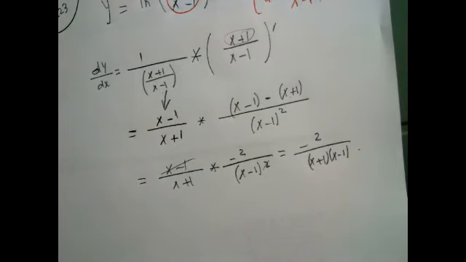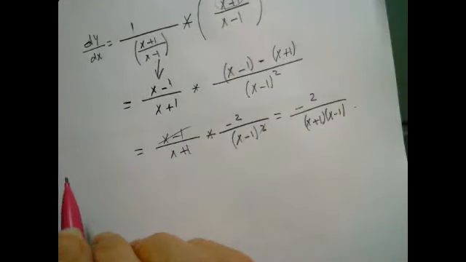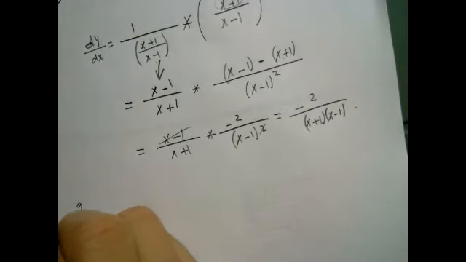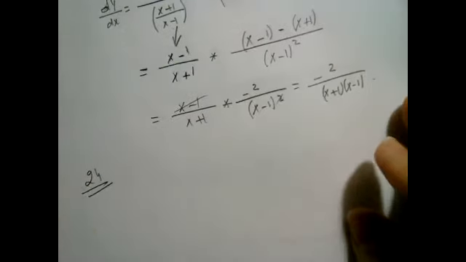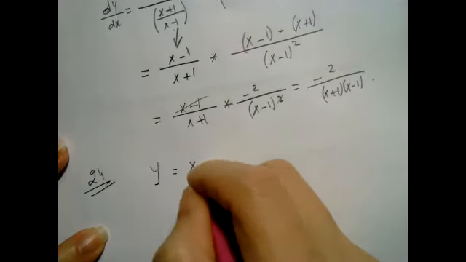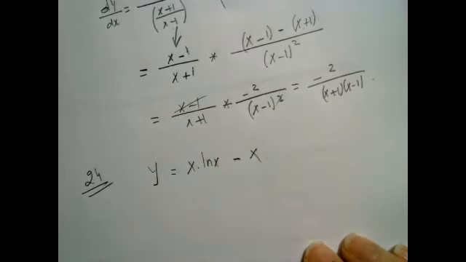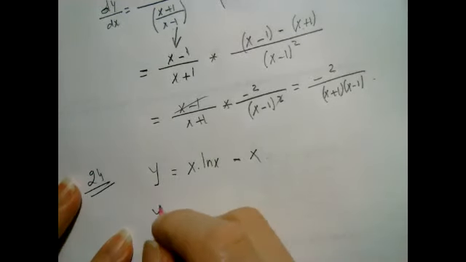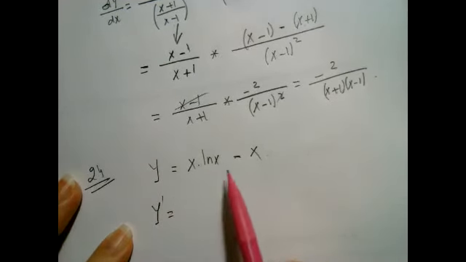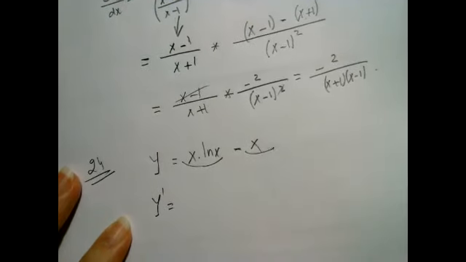25, 24. I'll do either one, 25 or 24. They are basically the same. So I will do 24, for example, and then proceed to the others. So y is x ln of x minus x, and we have to find the derivative. We have the derivative of this expression minus the derivative of that.